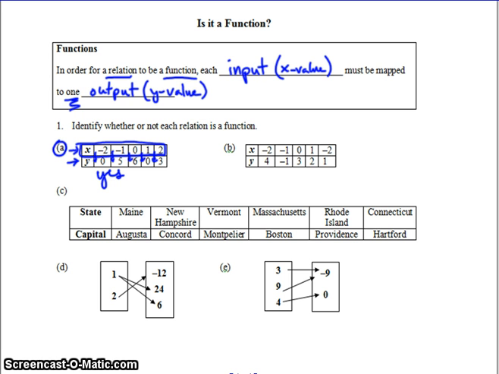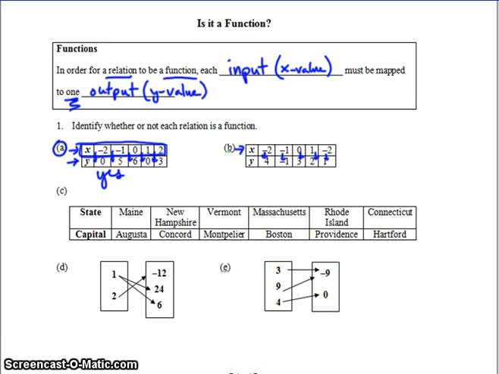Let's look at B. Here's our inputs, our x values. -2 goes to 4. -1 goes to -1. 0 goes to 3. 1 goes to 2. And then we have -2 goes to 1.